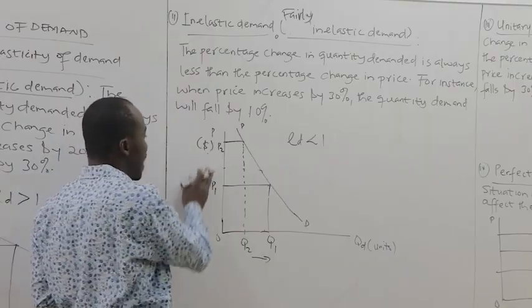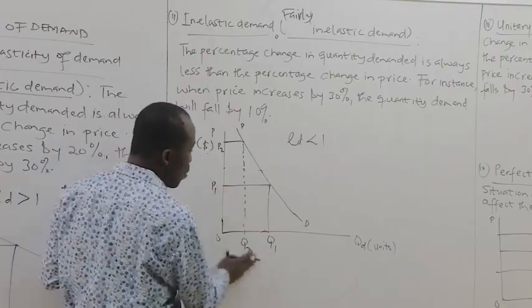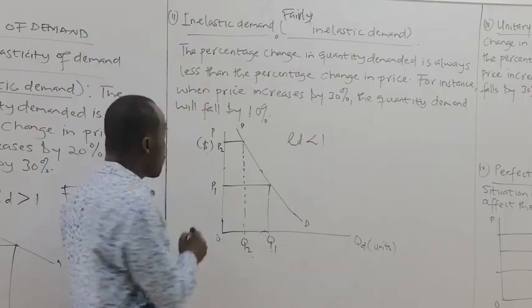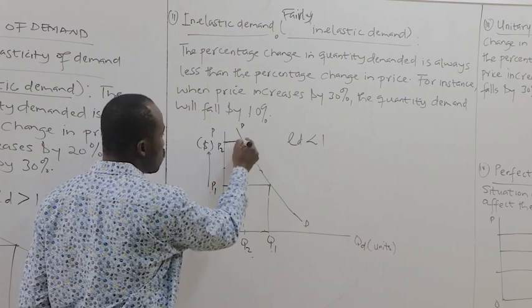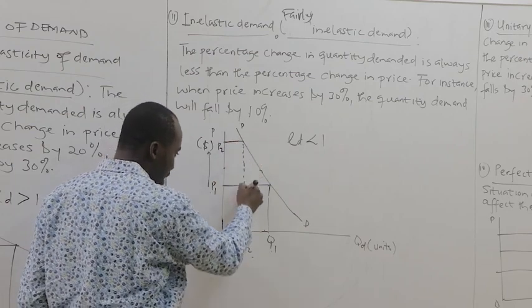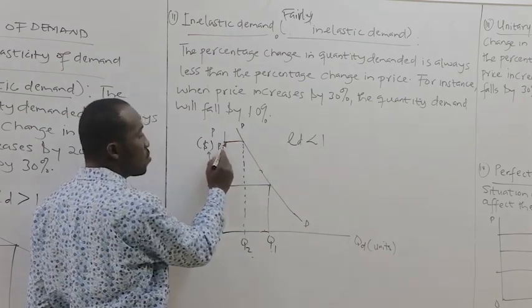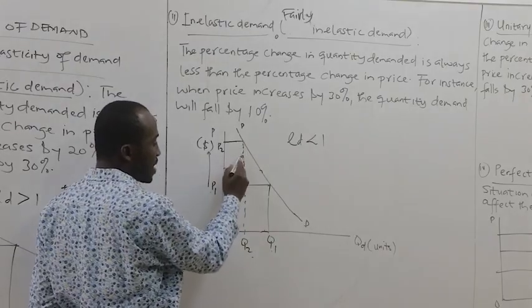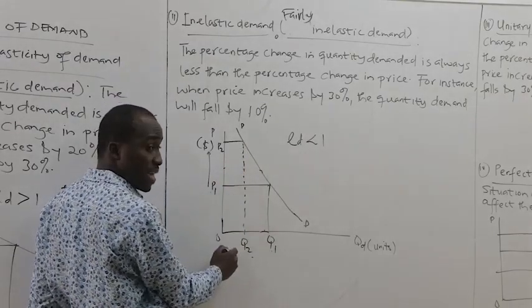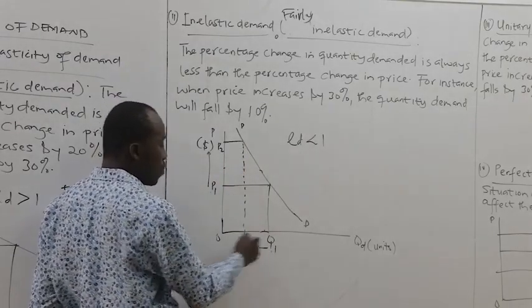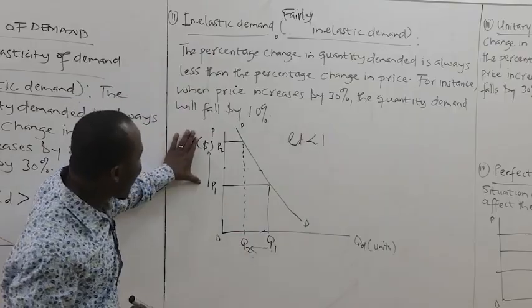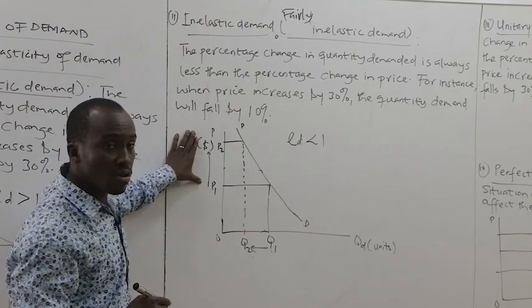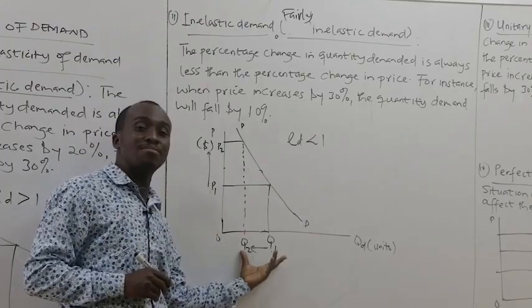The price was at P1 and people were demanding Q1, right? The price increased to P2, demand falls. If you trace P2 to the demand line, and bring it downwards, you're going to get Q2. What do we have here? In this case, what do you see? There's a large change in price, but a small change in quantity demanded.